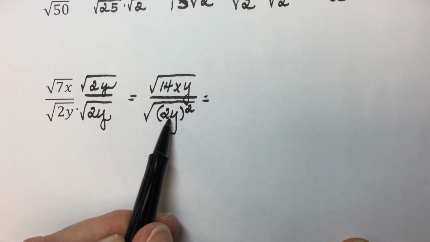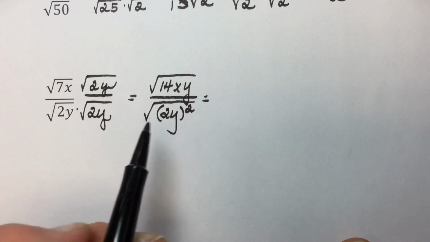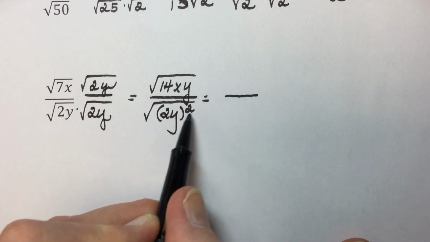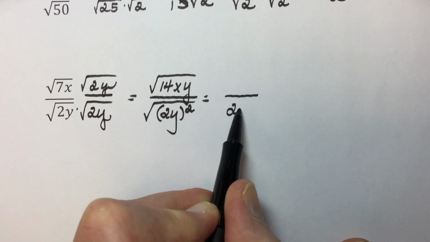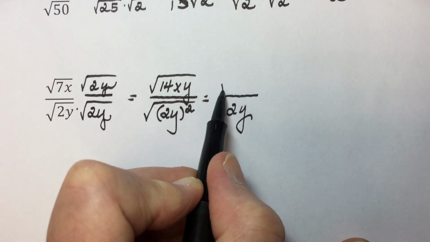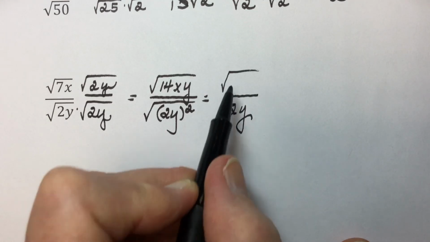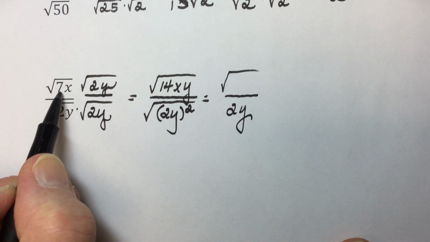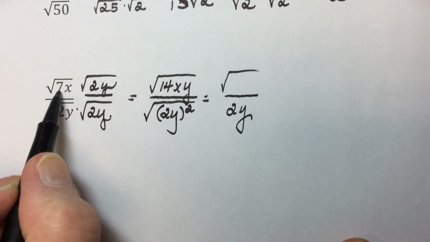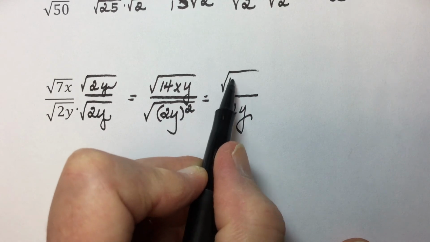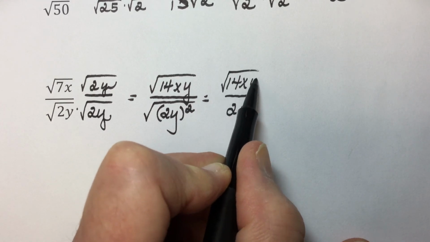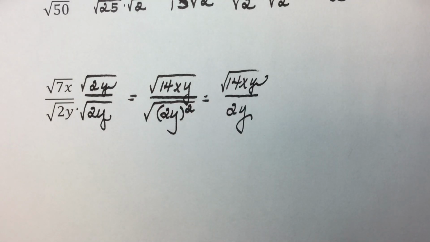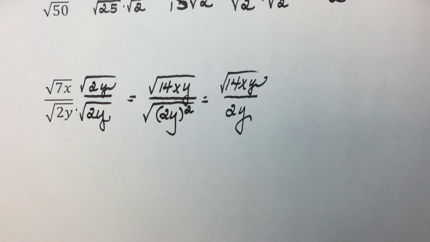Anytime you have a quantity to the second power, taking the square root of something squared is that term. So we've rationalized the denominator, and in the numerator, we can see in its prime factorization, there's no perfect square here, so we'll leave it as square root of 14xy in its simplest form with a rationalized denominator.